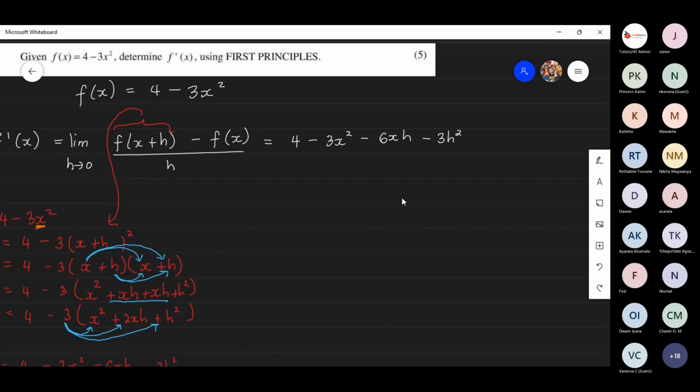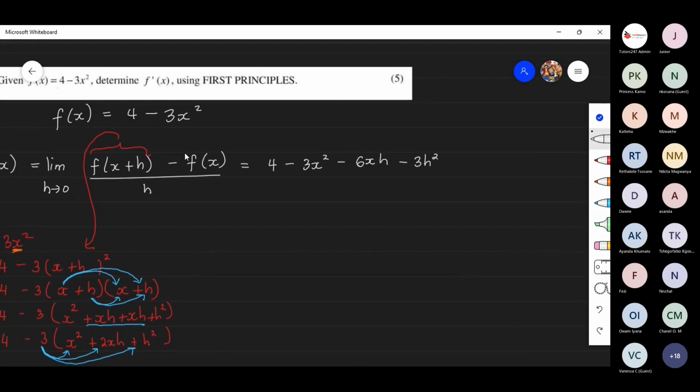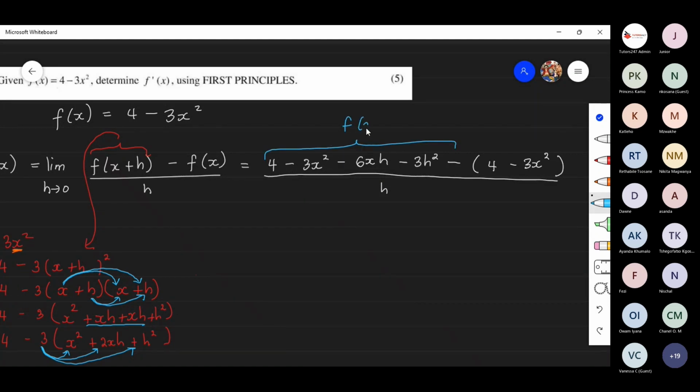Now, as per our formula, we put a minus and then our f of x part. We know f of x is 4 minus 3x squared, and that is all over h. So this represents our f of x plus h, and this represents f of x.